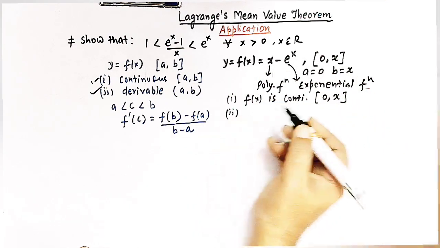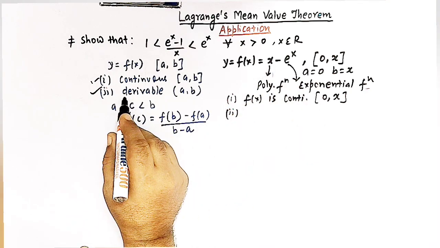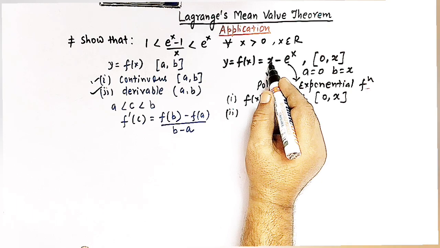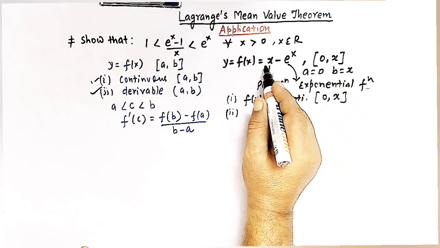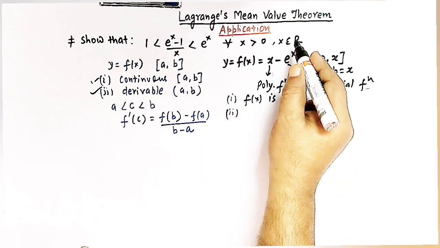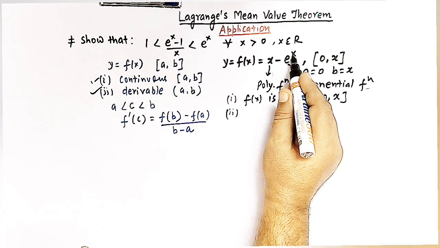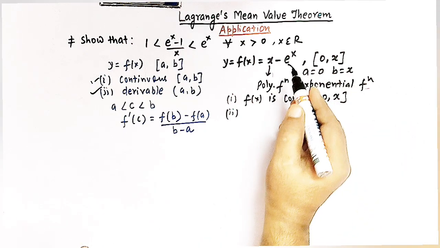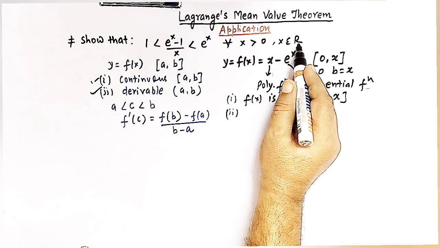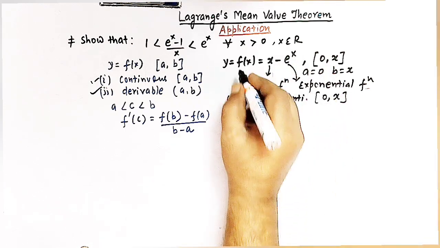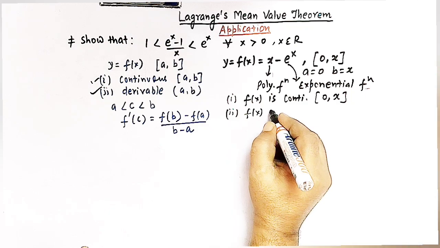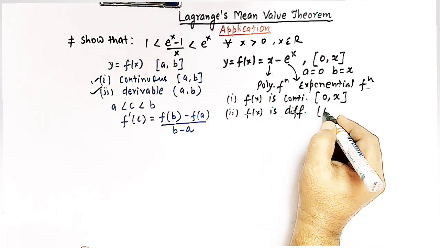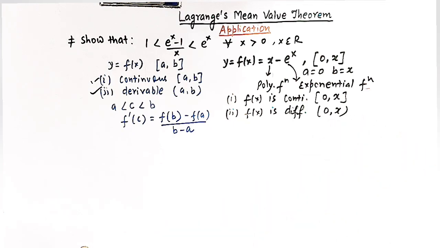Now, similarly, we can prove the differentiability of this function f of x. The polynomial function x is differentiable for all values of x belonging to R, and e raised to x is also a differentiable function for all values of x belonging to R. So this function f of x is also differentiable in the interval 0 comma x.